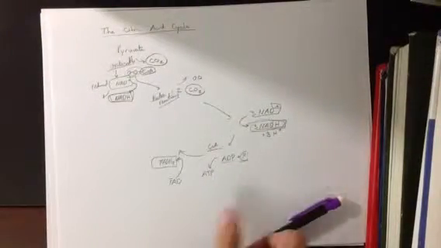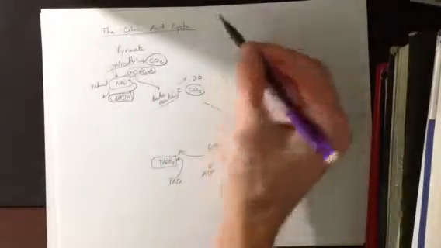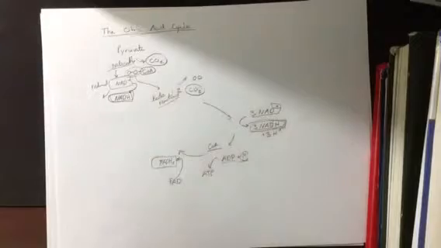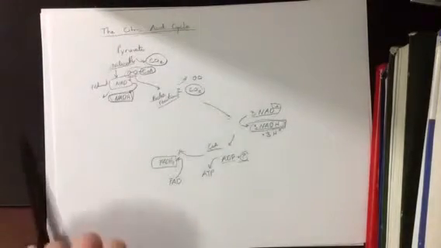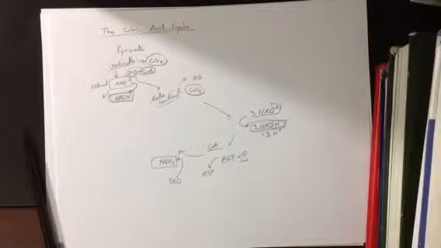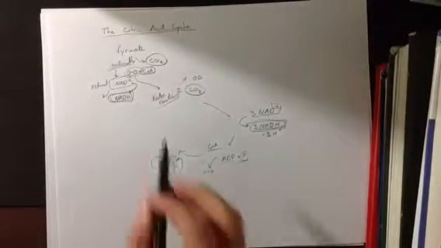Okay, so the next part of the cycle in cellular respiration is the citric acid cycle, which begins with the pyruvate that we got at the end of glycolysis, which is then oxidized and gives off a CO2.